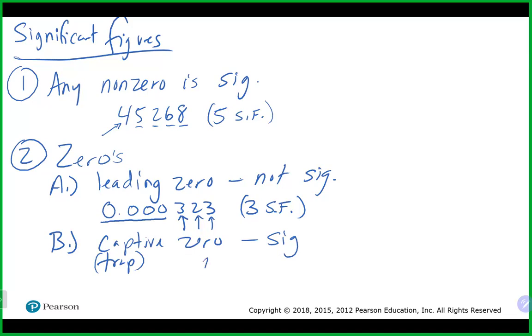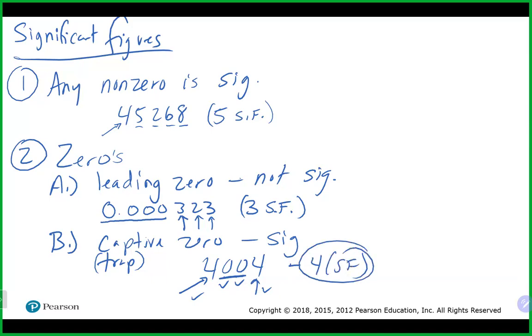So if you have something like 4004, once again, we would start counting here, and that would be significant. These 2 zeros are trapped between the non-zeros, which makes them significant as well. And lastly, the 4 at the end would be significant. So this guy here would have 4 significant figures in this particular case.